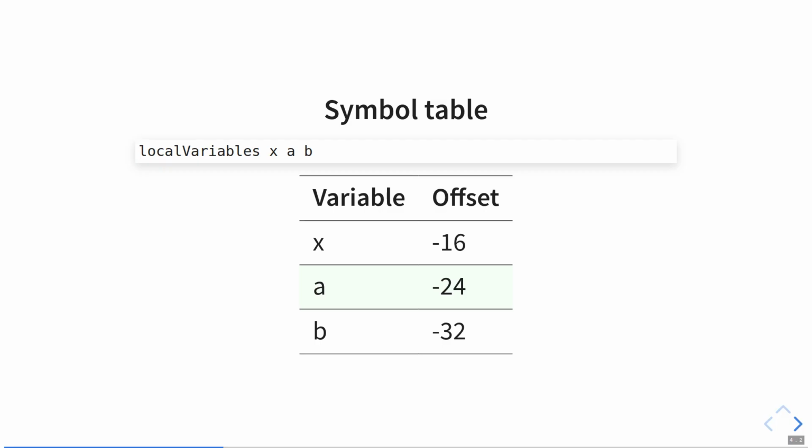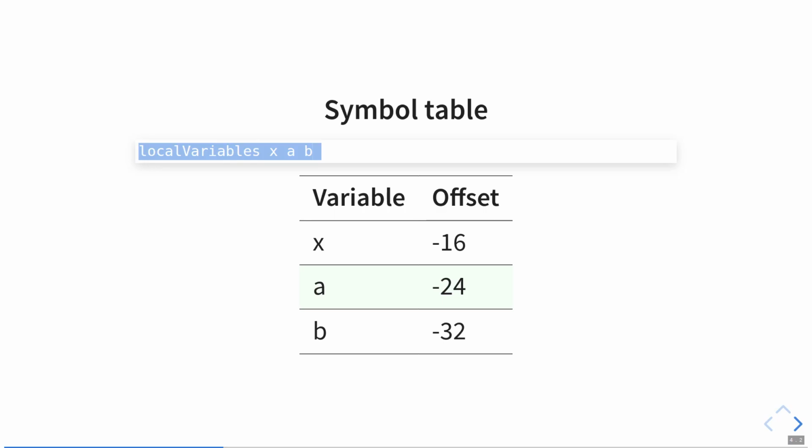So what the symbol table stores is the offset from the base of that stack frame at which each local variable of the function call resides in memory. So for instance here, we're saying that the variable x is at offset -16 from the base pointer of the stack frame, for whatever function call is executing this code here.